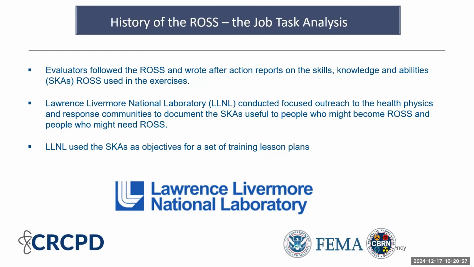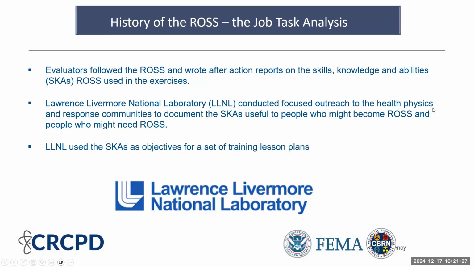They looked at the skills, knowledge, and abilities that ROS should have, according to people who wanted ROS, like emergency management agencies, other members of government, and state and local, and then talked to people who knew about the rad nuke emergency and found skills, knowledge, and abilities that they thought they, as ROS, should have to provide those services.